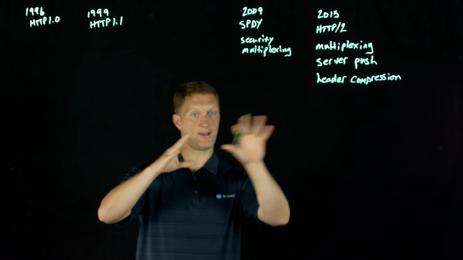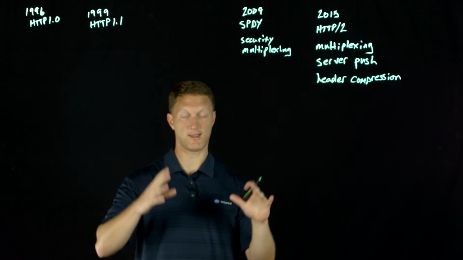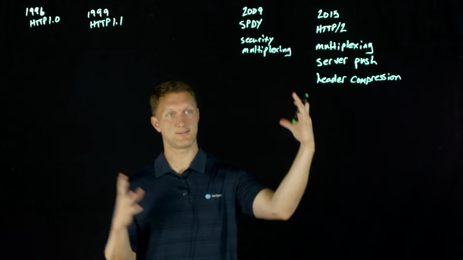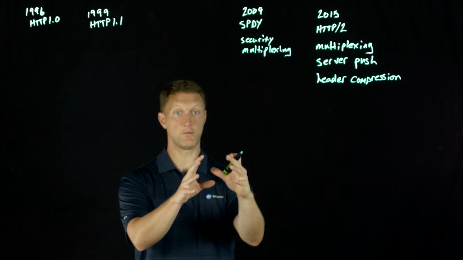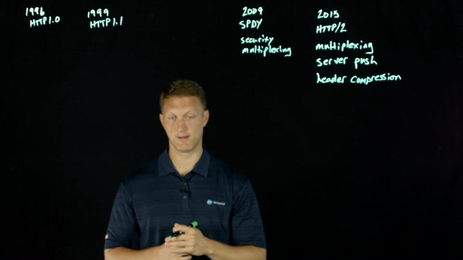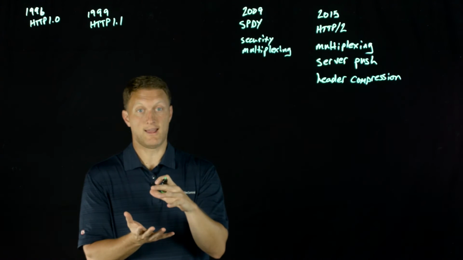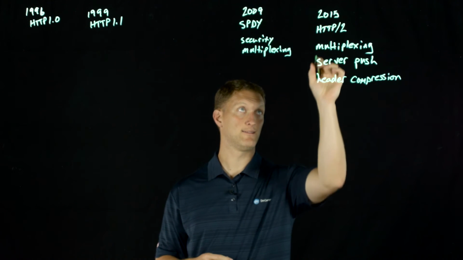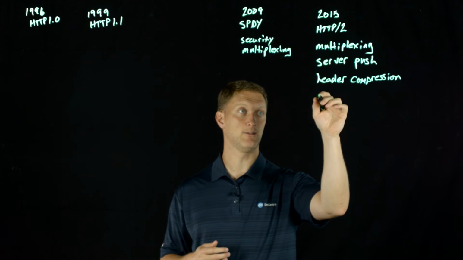Whereas these guys are going to have to send header information every single time and it just duplicates, it gets real clunky, real chunky over the wire, this one says, let's compress that, let's maybe send it one time, you've got everything you need, and then it shrinks everything down, so it's a lot more efficient. So header compression is a big nice thing in HTTP2.